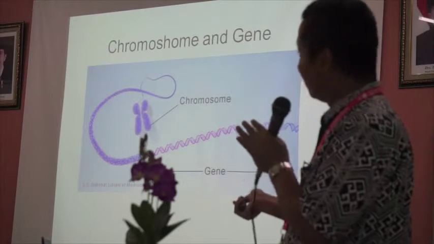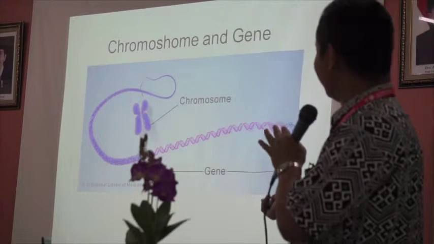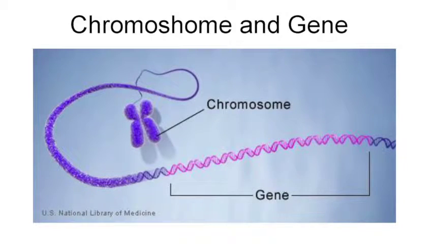When we're talking about the chromosome and gene, let's imagine that it's always the DNA, and it will be very long, very long chains. A piece of the DNA we call a gene.